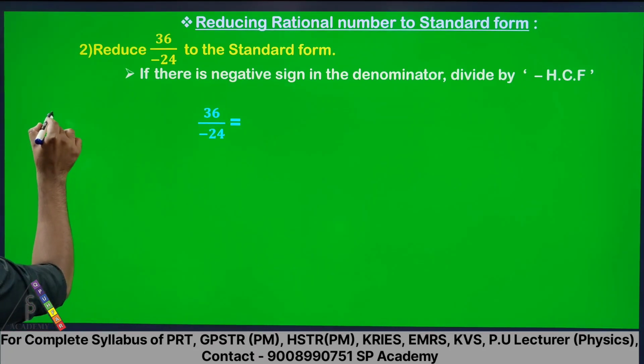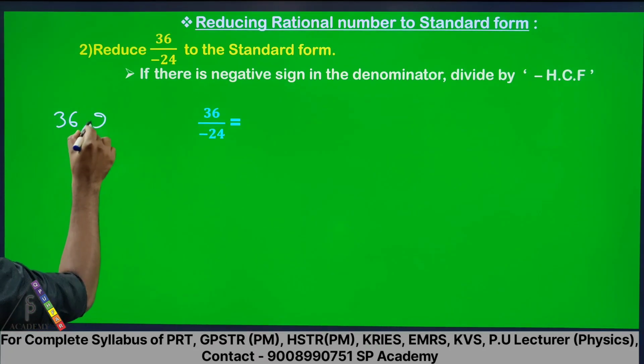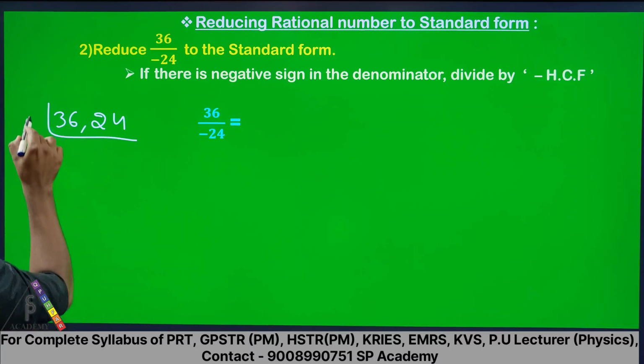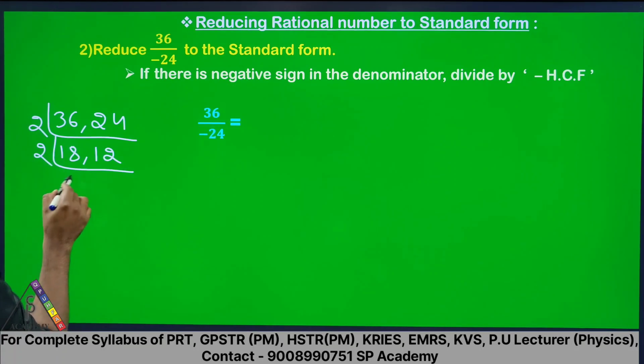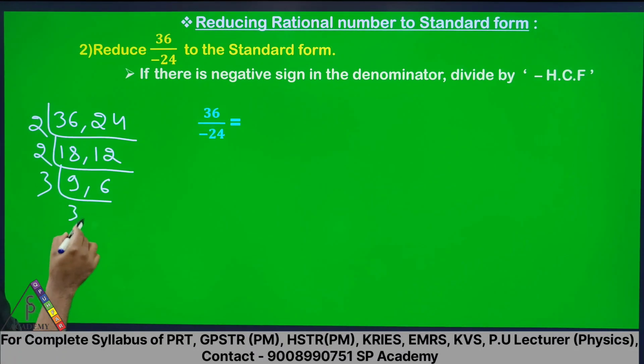Therefore the HCF of 36 and 24, 2, 12, again by 2, 9, 6, by 3, 3, 2. Therefore HCF is 2 into 2 is 4, 4 into 3 is 12.